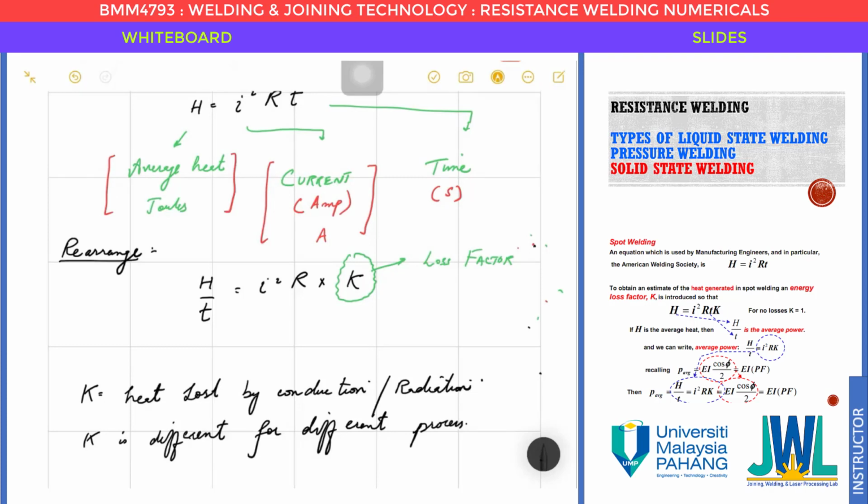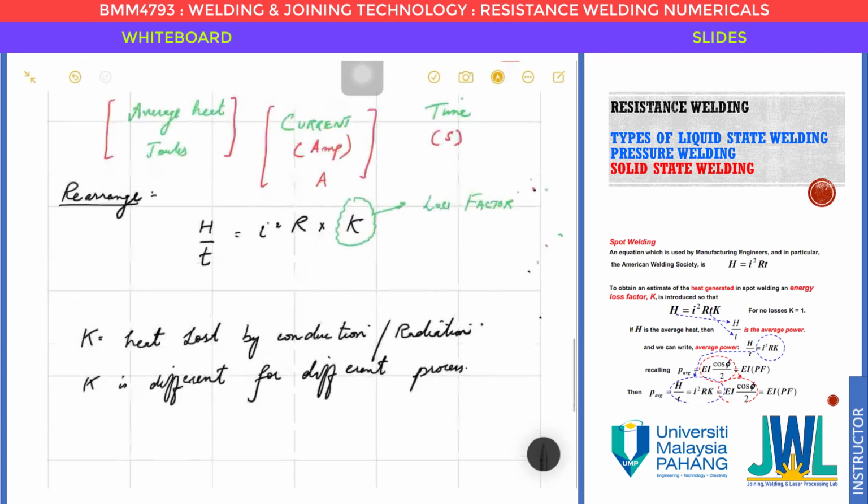Okay, so this loss factor is sometimes assumed to be 0. When losses are assumed to be 0, then K is equal to 1.